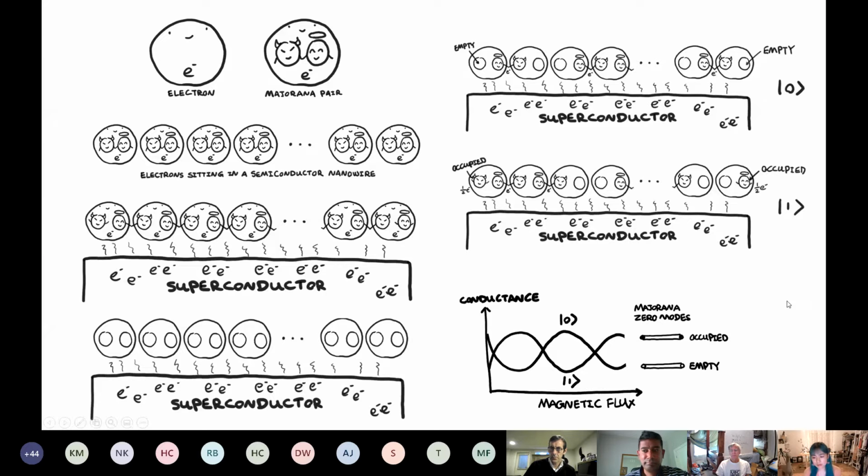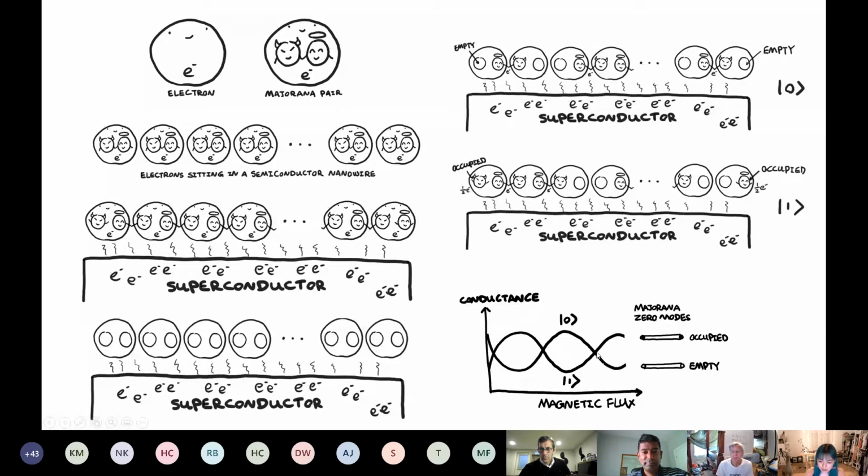And you can even measure which state your system is in using a global parameter like conductance. So you can just say that if you measure this kind of conductance in the one state, these two end states, which are called the zero modes I mentioned earlier, are occupied. Or when they're empty, you could be in this state.